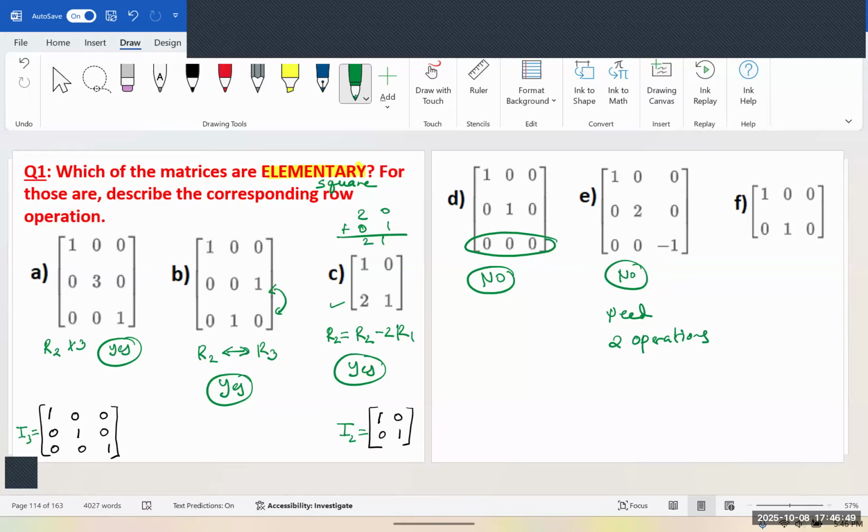Good job. Now the last one, the easiest one. Gibran. It's not an elementary matrix because it's not square. Good job. It's not a square matrix. See? Cool. Now you know what types of matrices are elementary and what are not.